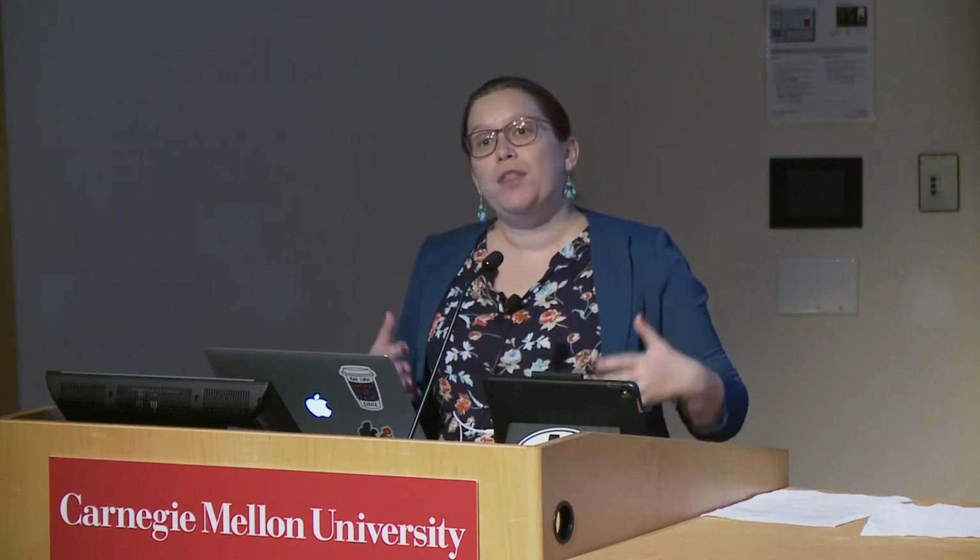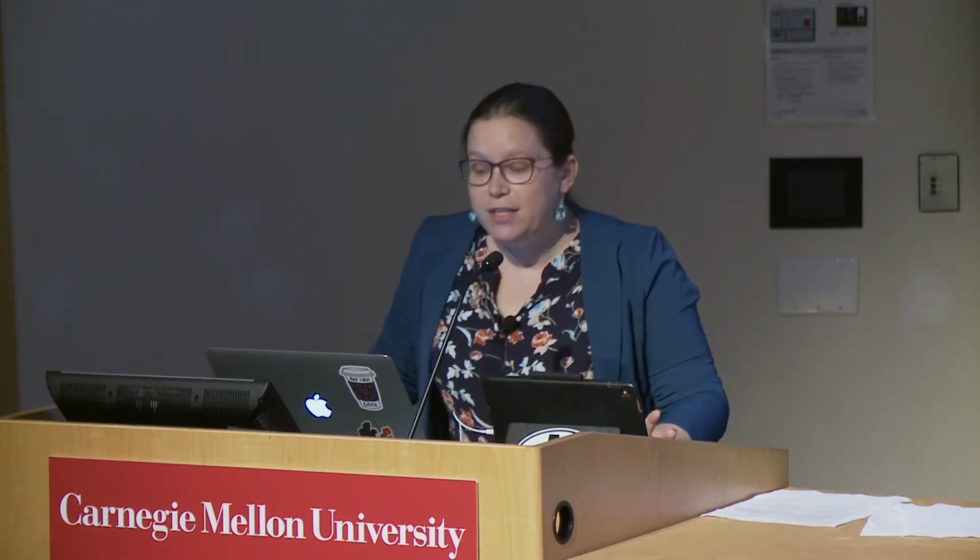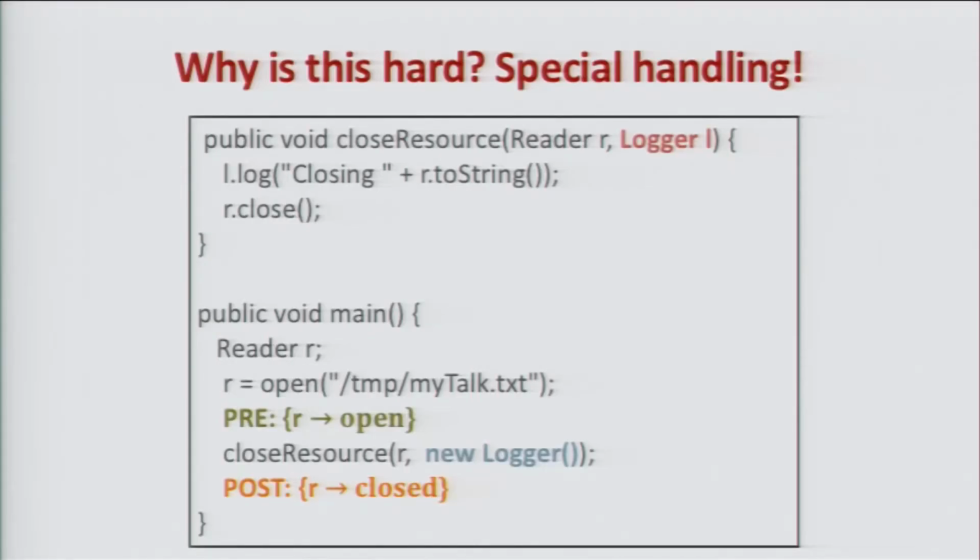So what we really want to do is not just insert a generic call to close, but figure out what the developer would have done and make use of her own protocol in fixing the patches, by searching semantically over the code base for the code that closes a resource in the way that the developer would. And so this gives an example of a call to close a resource that does the appropriate thing on the reader object, but does something else too that the developer cares about. And we see this all over the place.